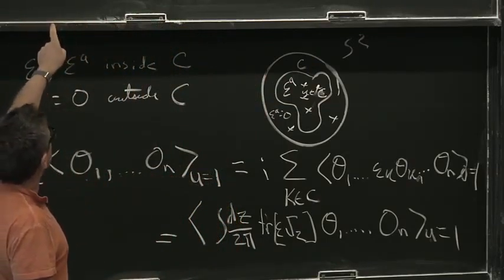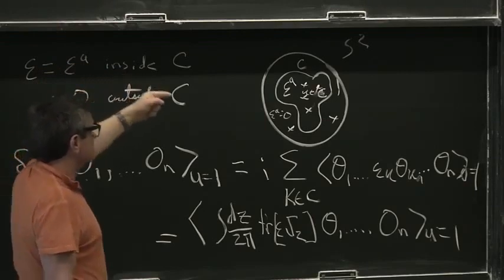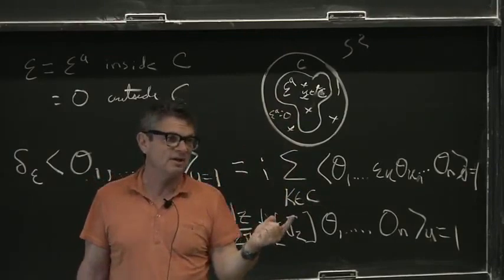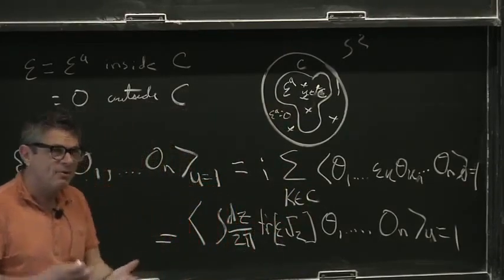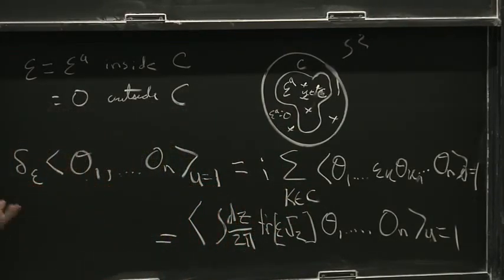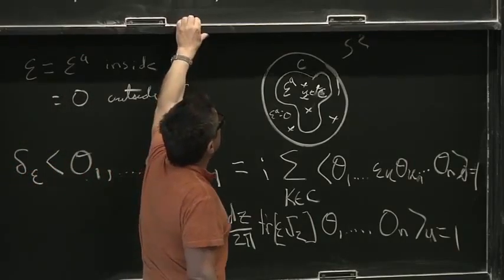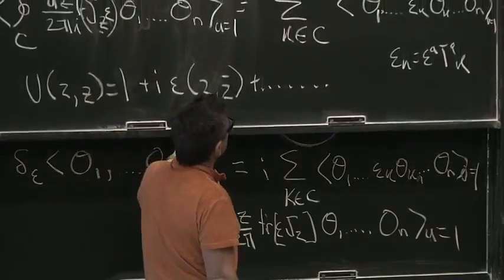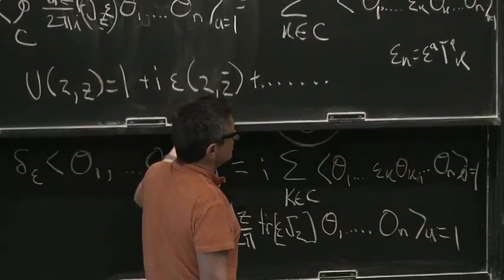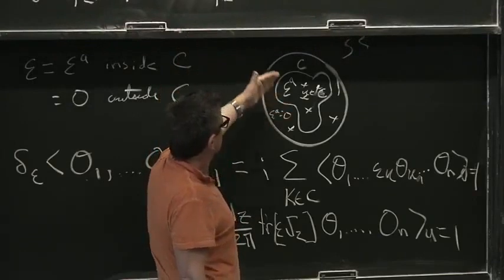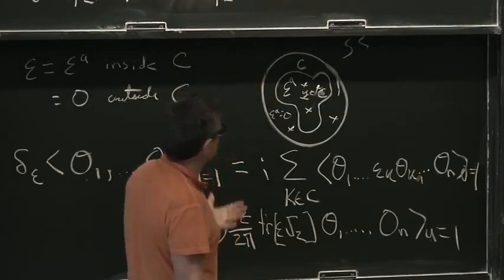There'll be residues there where I will have extra insertions of J_z. In other words, extra soft graviton insertions. And in that way, I'll get another correct relationship, which will involve some soft graviton insertions along with gauge transformations in the region outside of C.